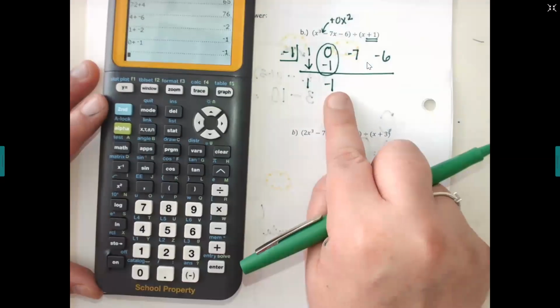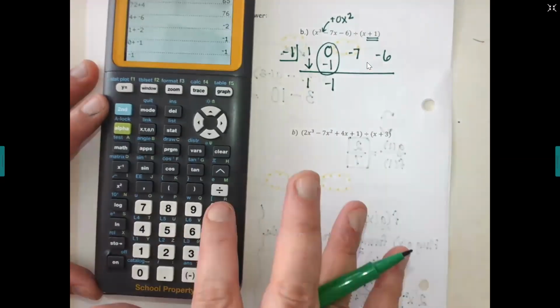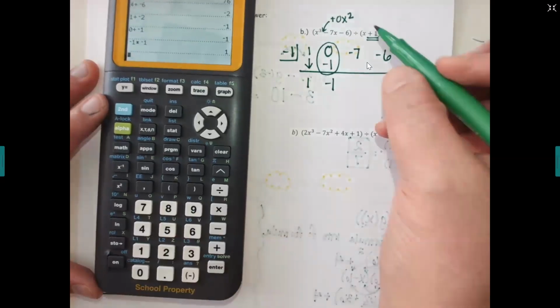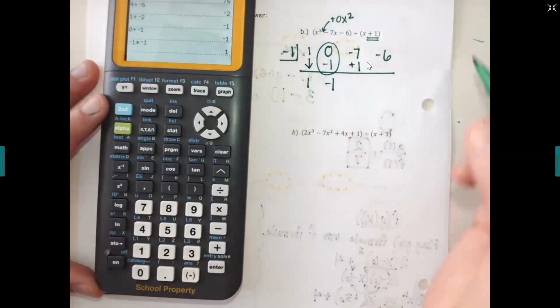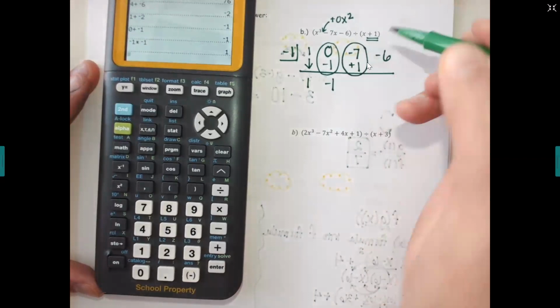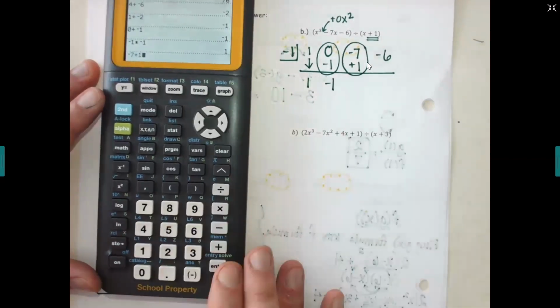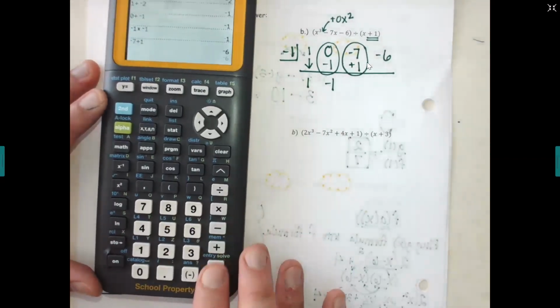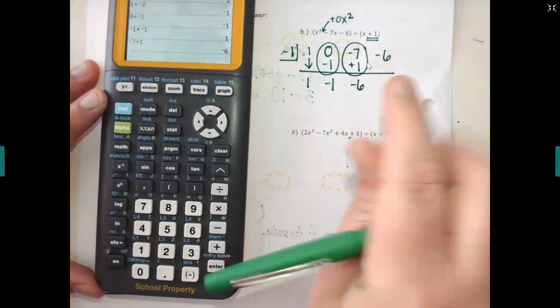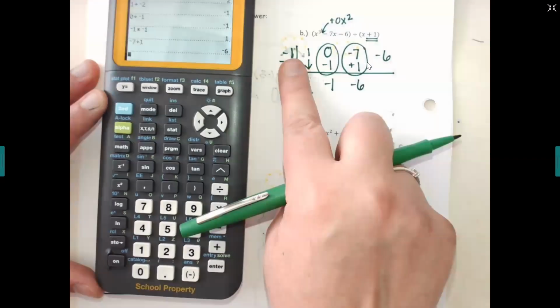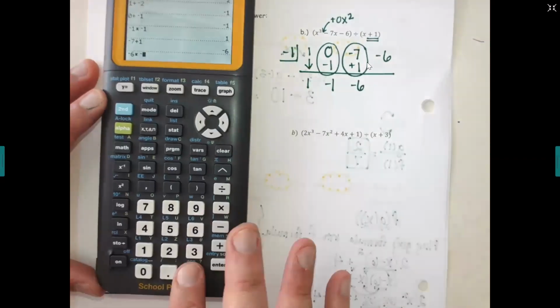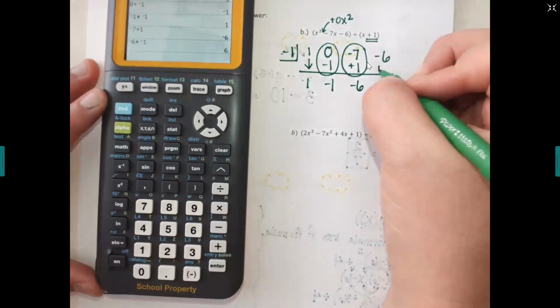Okay, then I do -1 times -1, what's that going to be? +1. And then remember, you're adding this column, so I'm going to do -7 plus 1, what am I going to get? -6, then what do I do with the -6? Times it by the box, -6 times -1 gives me +6.